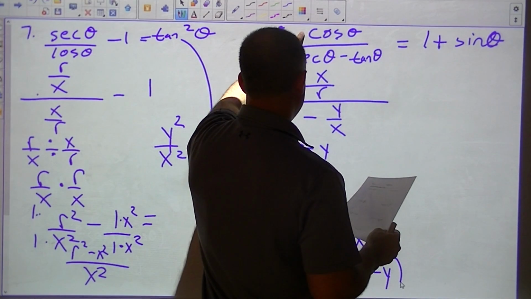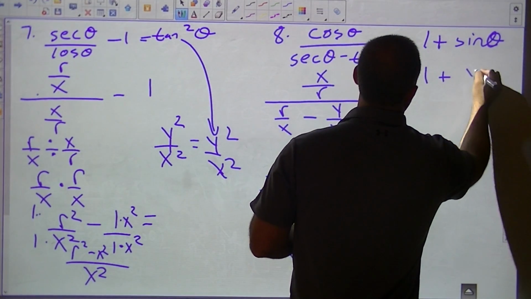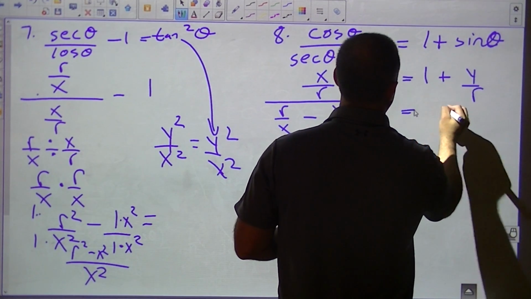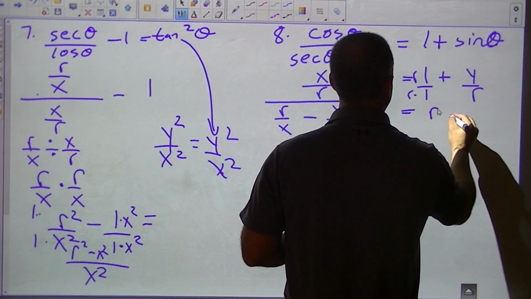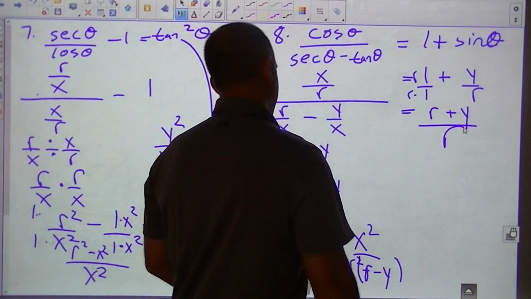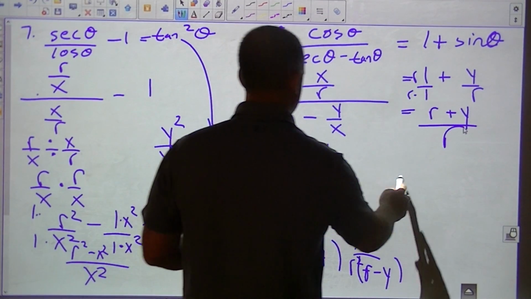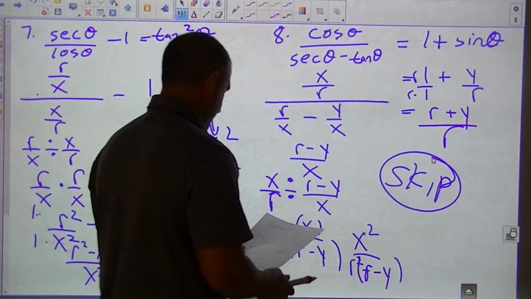It probably should have been secant. Okay, let's see what happens over here. This needs an r, this needs an r, so I got r plus y over r. Okay, yeah, I think this one's no good either. Sorry about that. So 5 and 8, don't worry about it. They don't work out.